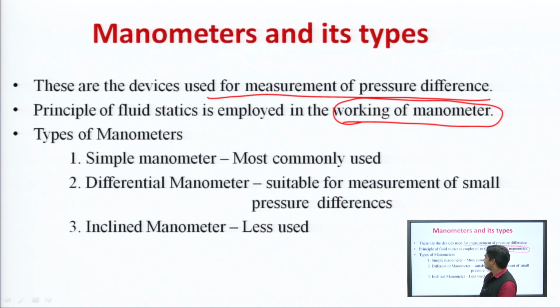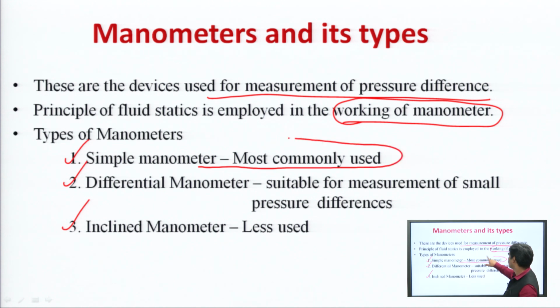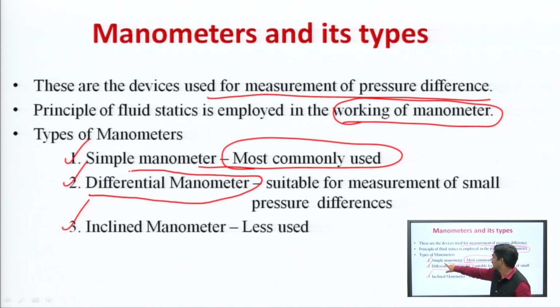Manometers are basically classified into 3 categories. First one is simple manometer, second one is differential manometer and third one is inclined manometer. Simple manometer is the most commonly used manometer for the measurement of pressure difference. Second type is differential manometer.